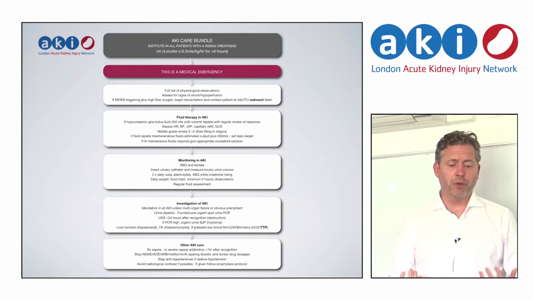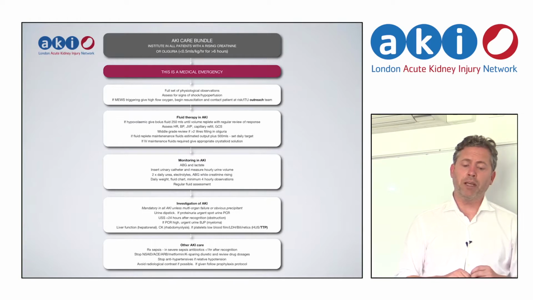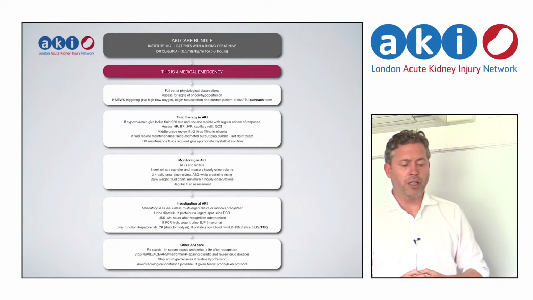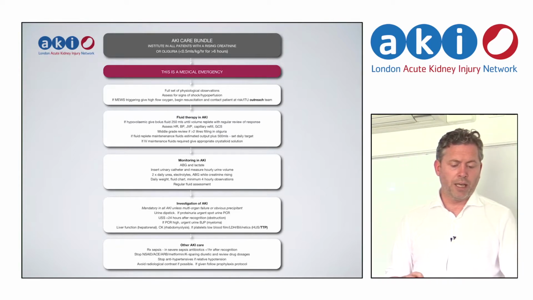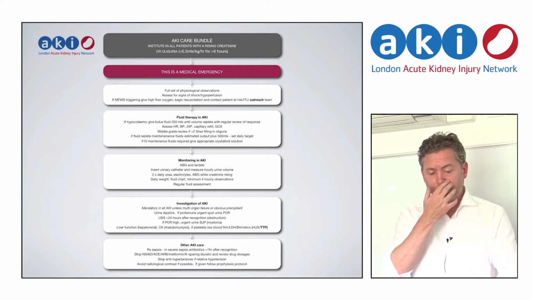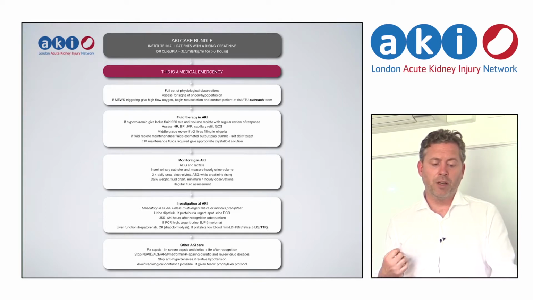I think once they're fluid replete, we need to have a maintenance regimen, and if they're oliguric, this may be a reduction in the baseline fluid requirement. So for complete oliguria, insensible losses, 500 mils a day orally. Maintenance fluids always need to be tailored, with appropriate monitoring of electrolytes and volume assessment, fluid assessment.